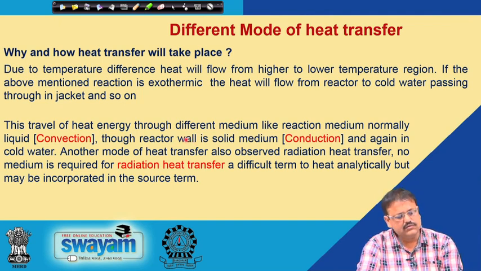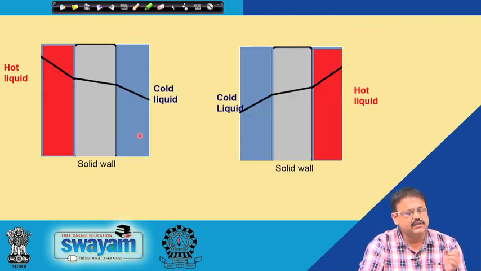It can be presented pictorially in this way: the hot fluid is transmitting heat to the solid wall, the reactor wall, and from that reactor wall it goes to the cold fluid, which is used as a coolant in this case. Or in the opposite way, if it is heat depletion, meaning an endothermic reaction, the hot fluid has to be passed through the jacket system or the coil system, and the heat will be supplied by this hot fluid to the system.